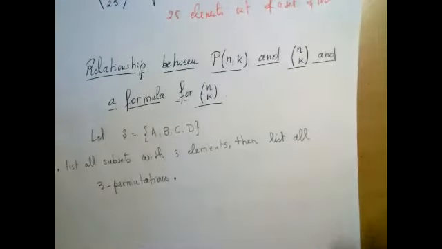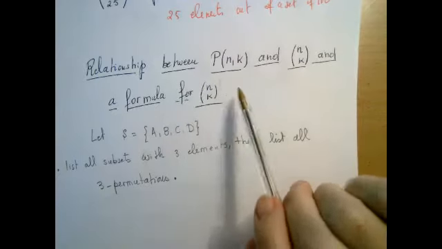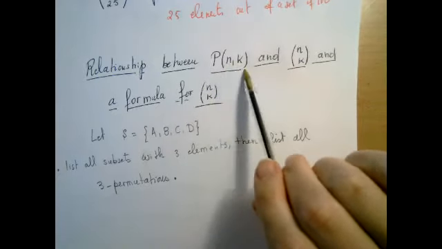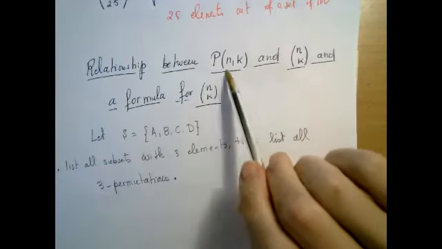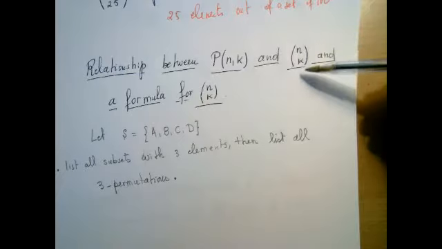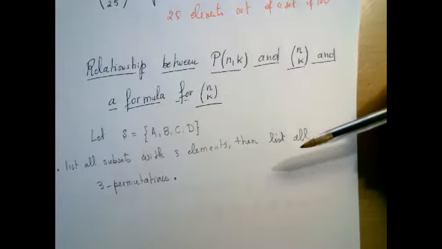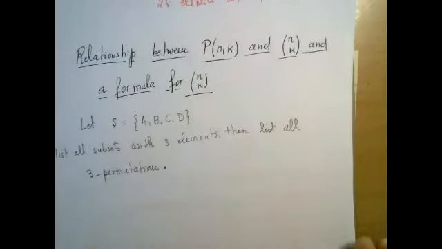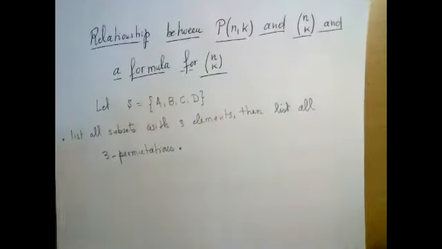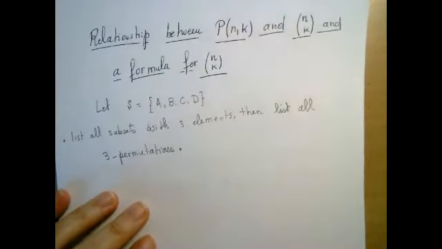To be able to compute it, or give you the formula for it, I'm going to take you back and find the relationship between the number of permutations, because we know the formula for that, and what we sometimes call the number of combinations, or the number of subsets of k elements. We want to derive a formula, so we have to find the relationship between those.